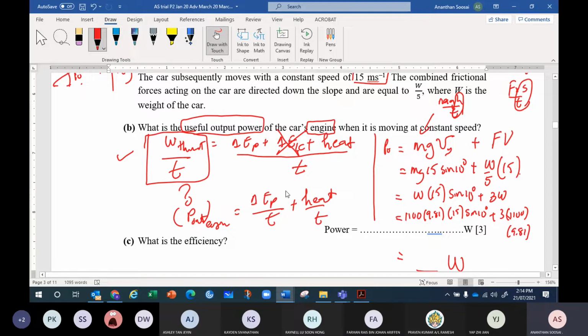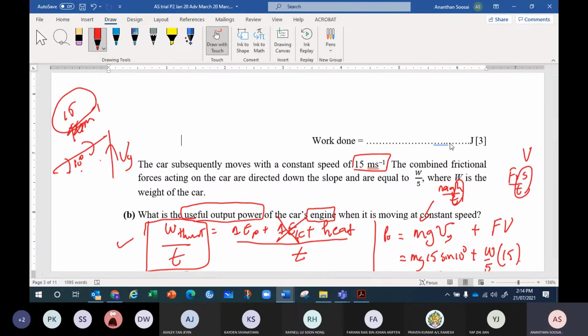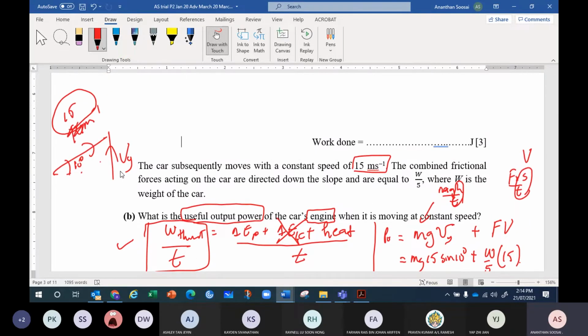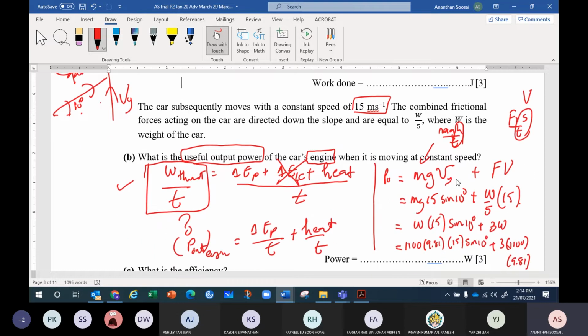The EP is mgh over time, but h is a vertical height, so you have to use the vertical component of the speed, Vy. The diagonal one is 15, so 15 sine 10 is used, the vertical component.